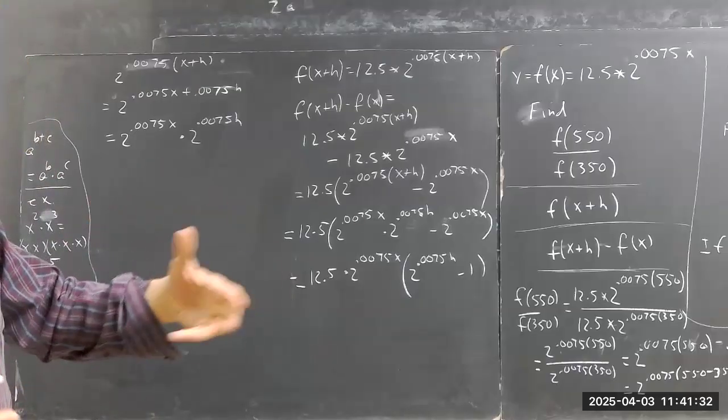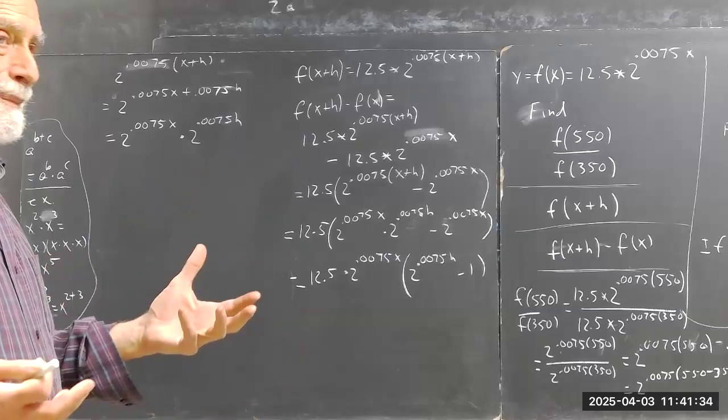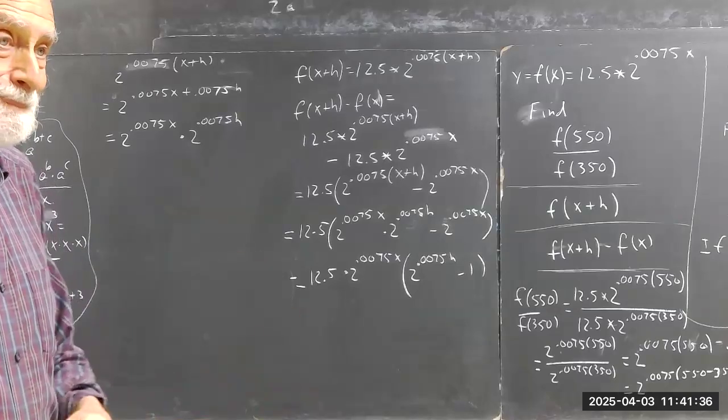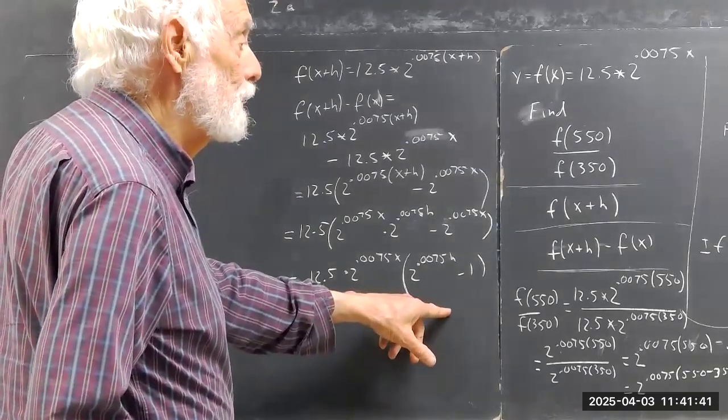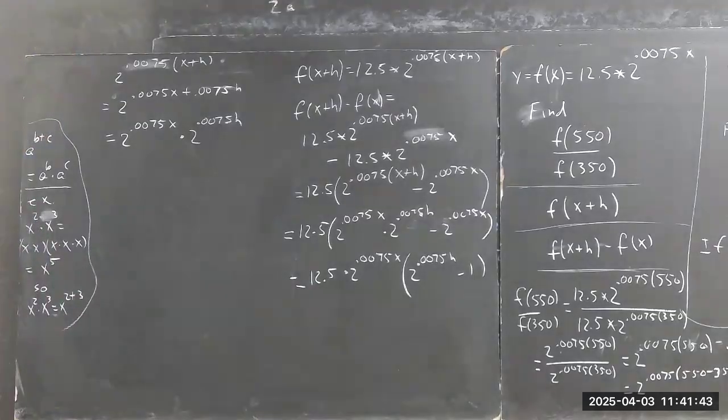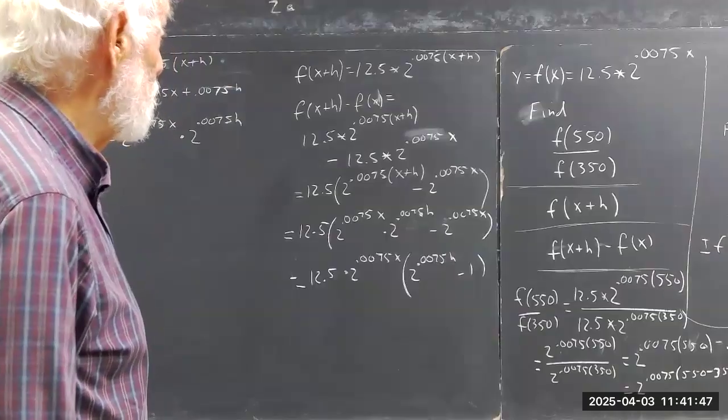And then there's still a couple of jumps to make in calculus, but you'll be in a position to make them. All right, so you're going to see this again.